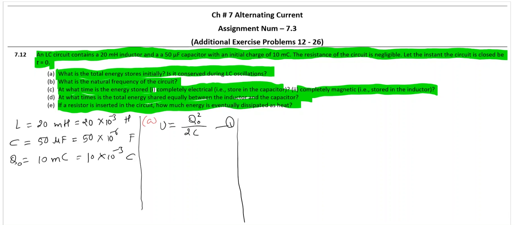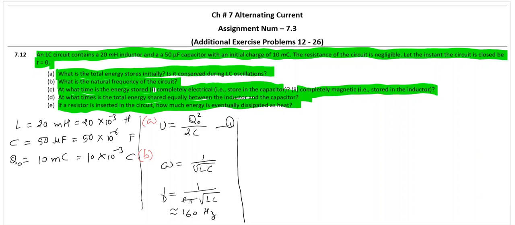The second question is, what is the natural frequency of the circuit? There also we just have to plug in the values in the formula. Omega is equal to 1 by root LC, and the natural frequency f is this. This answer should be around 160 hertz.